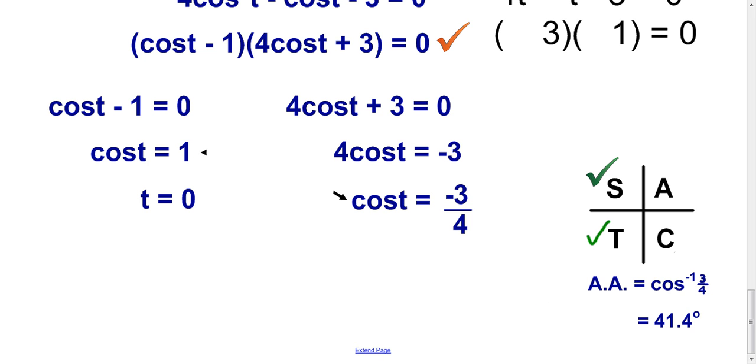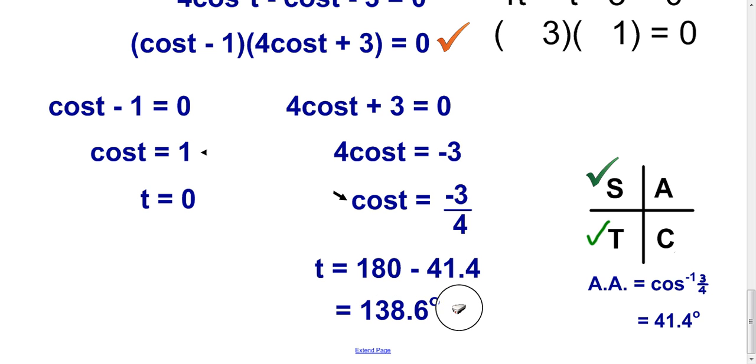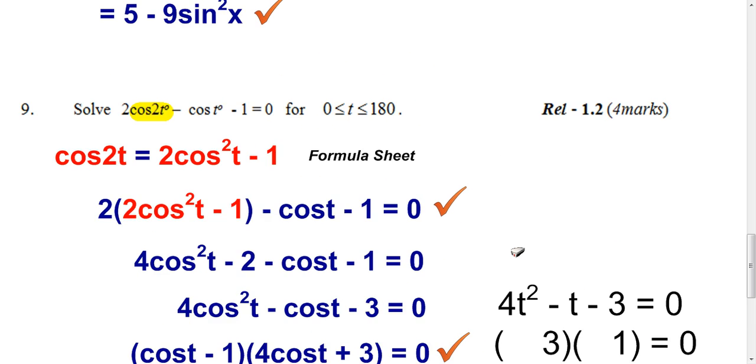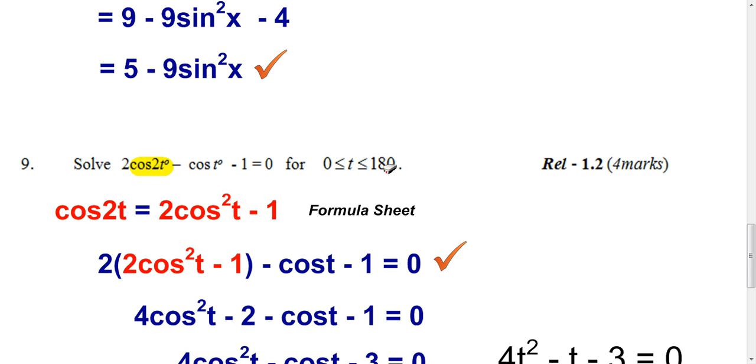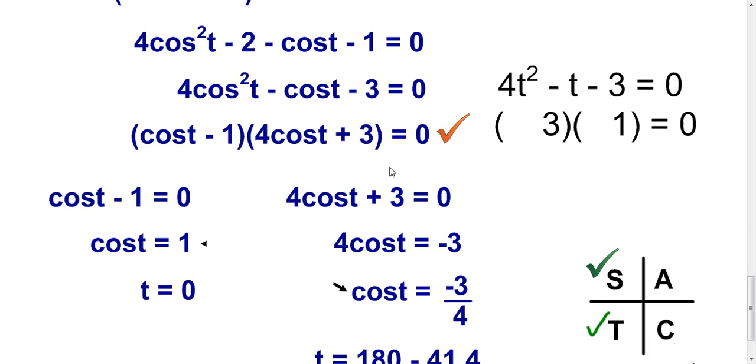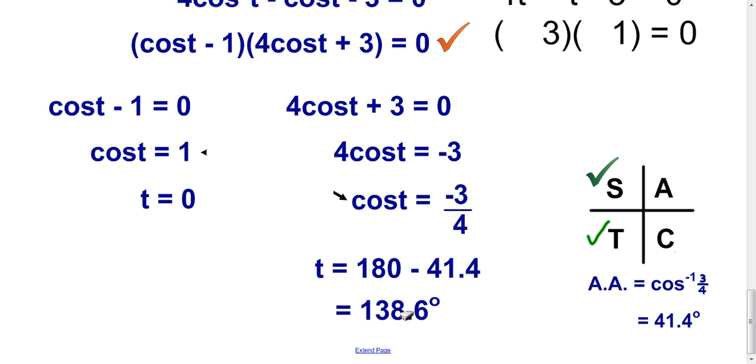So the answer you're looking for is really 180 take away 41.4, which is going to give me 138.6. And 180 plus 41.4 is actually going to give me 200 and something, which I'm not interested in. I'm only interested in answers between 0 and 180. So there's my two answers. So this gives you a mark here, and these two answers give you a mark here.